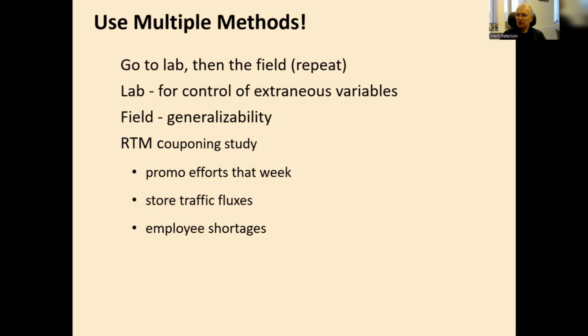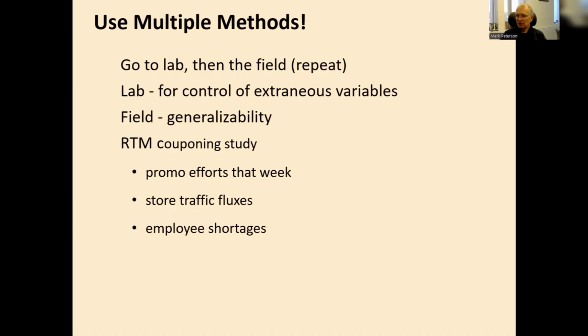But when you go to the field, sometimes it's nigh impossible to get proper measurements. There's an Arby's franchisee group based in Atlanta, RTM. I work with them, and they allowed me to use their store data. They had hundreds of stores across the U.S. And every time they dropped a coupon in the local newspaper, a sheet of coupons for Arby's, you get promotion efforts that week.